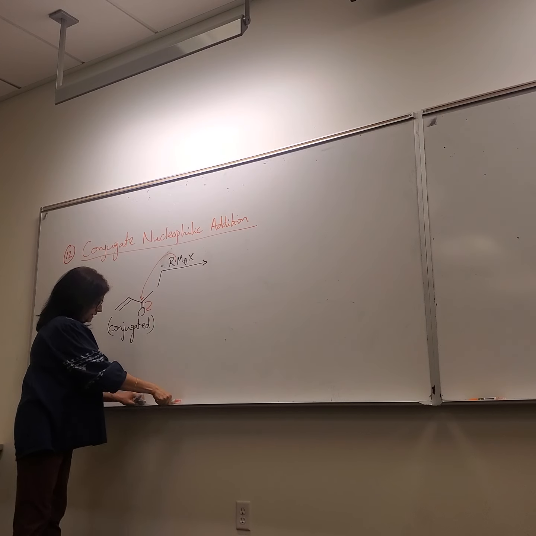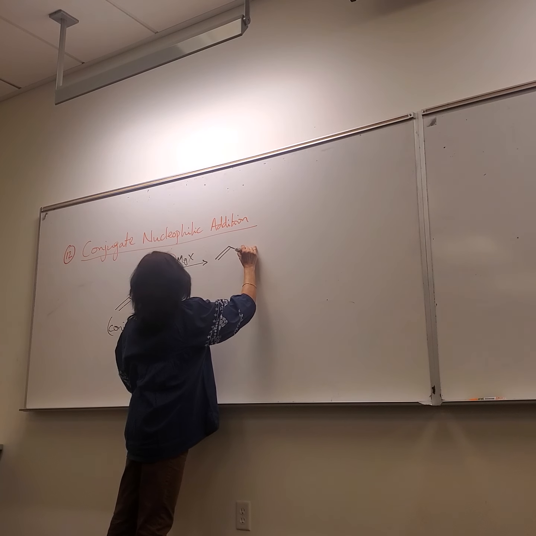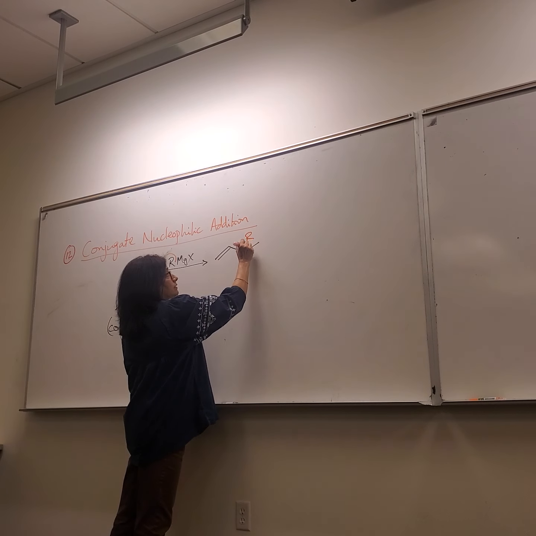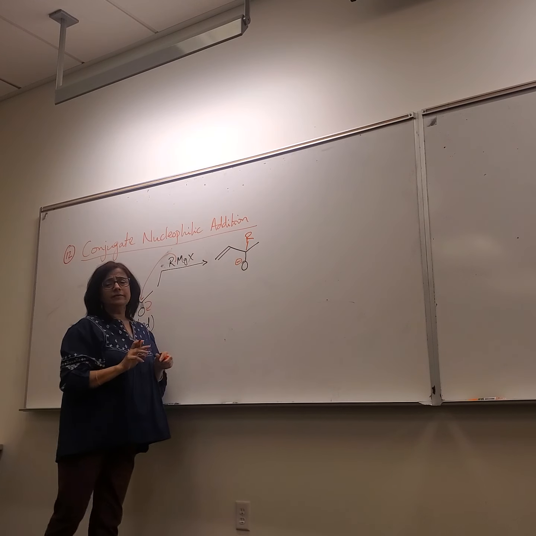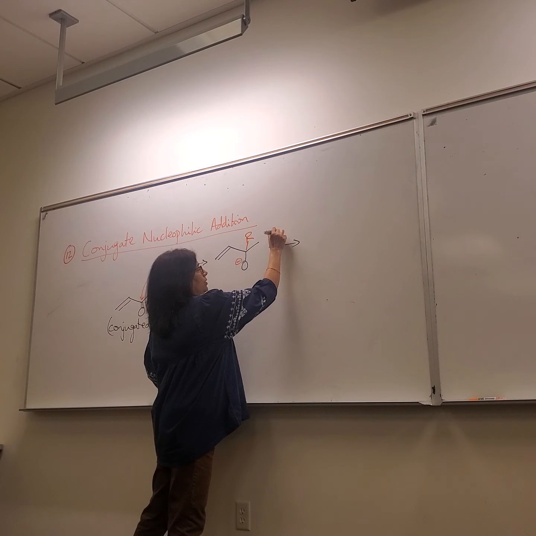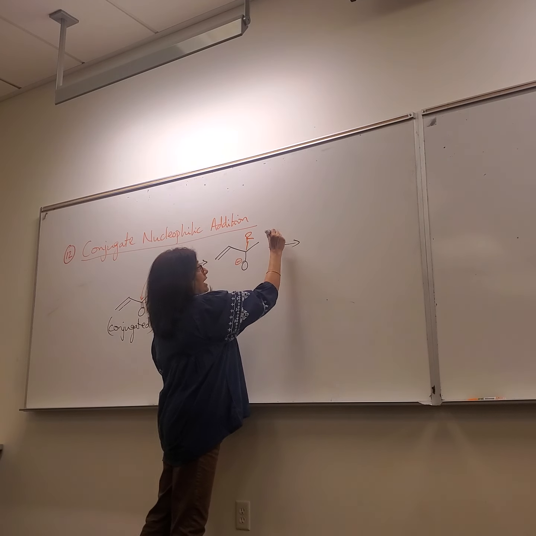What does that create? An alkoxide. Of course, it creates an alkoxide, and the R is here, and a minus charge, isn't that right? And what happens next? Then you add an acid to protonate. We add an acid to protonate, so where does the acid go?